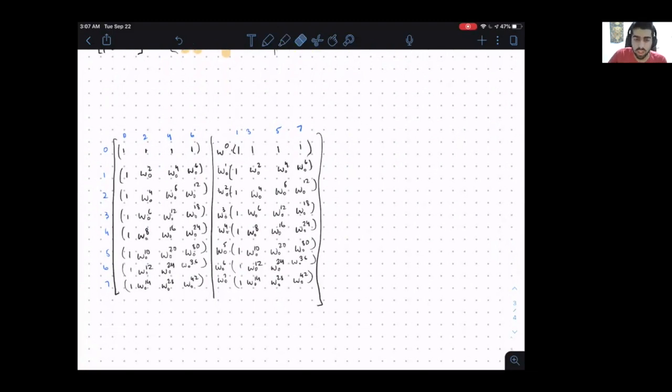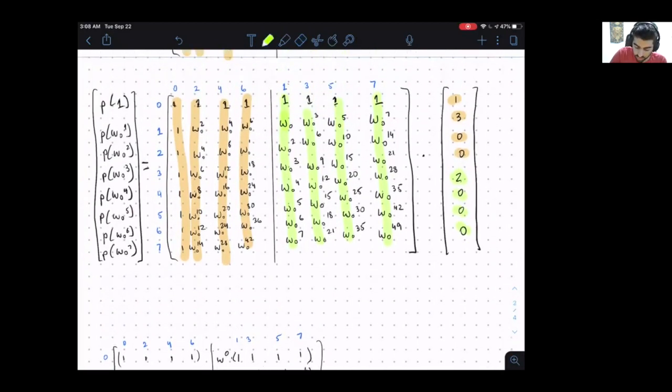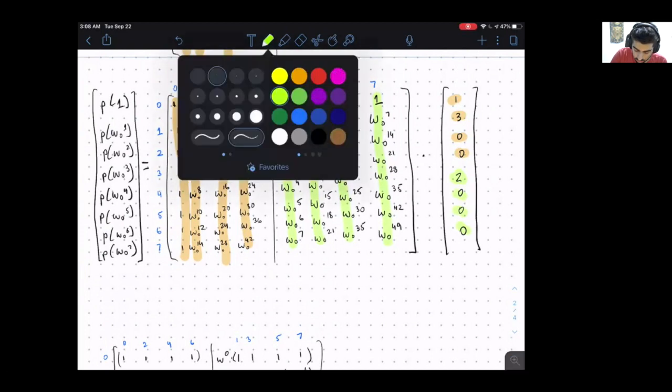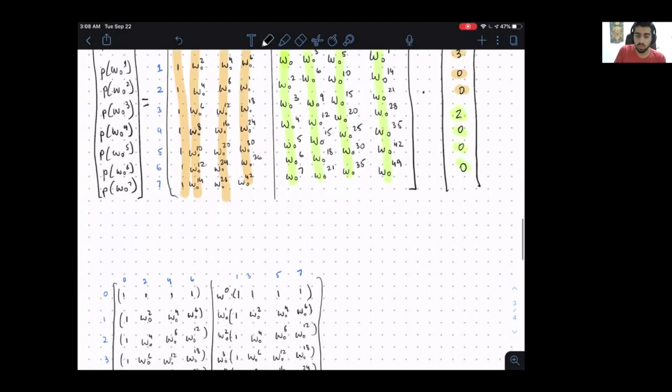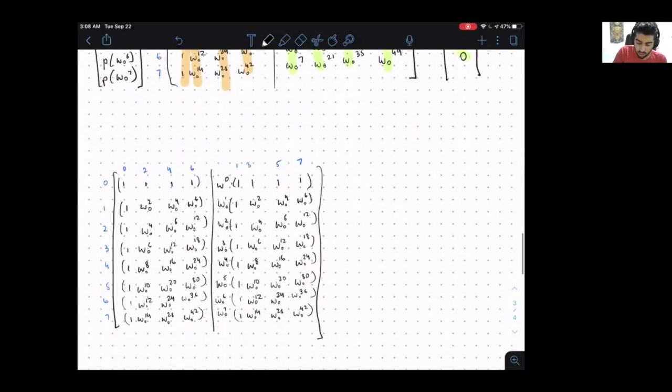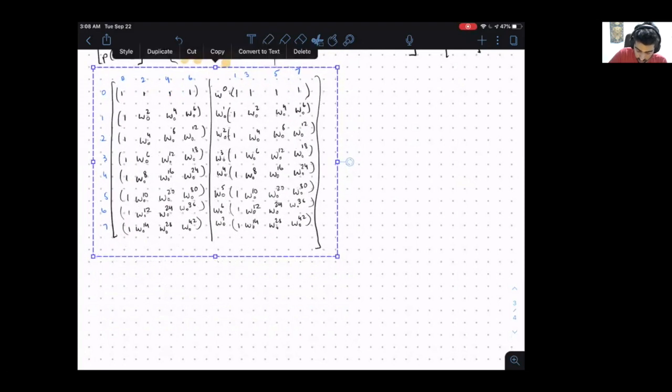All that I did is I took the second half of this matrix, this part, and rewrote it as a constant for each row, which is going to be omega naught to the power of the row number. For example, I'm going to move this up a little bit so we can easily compare the two.